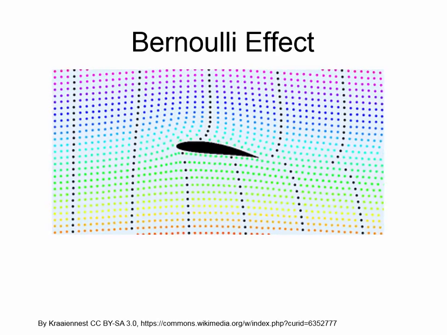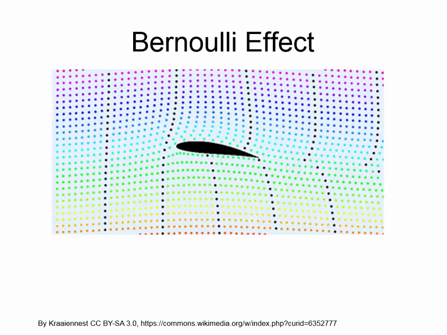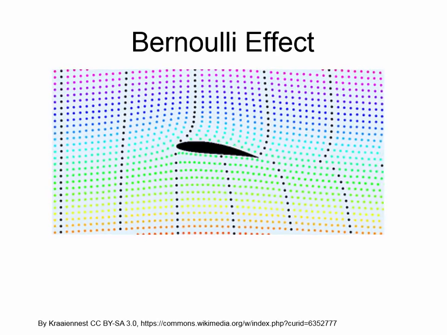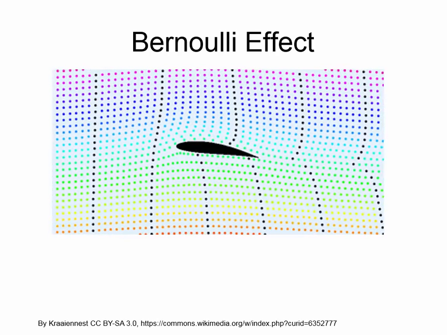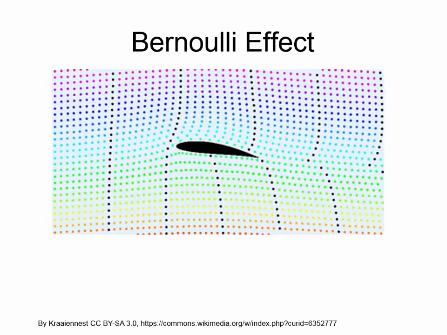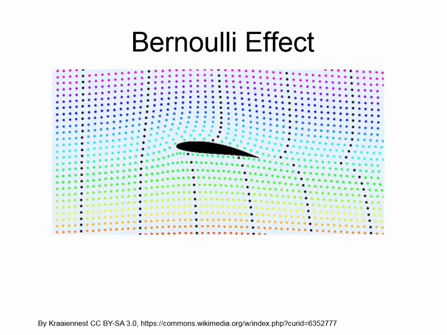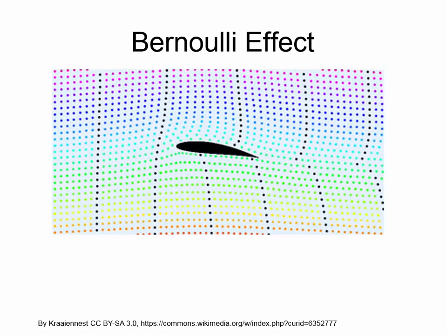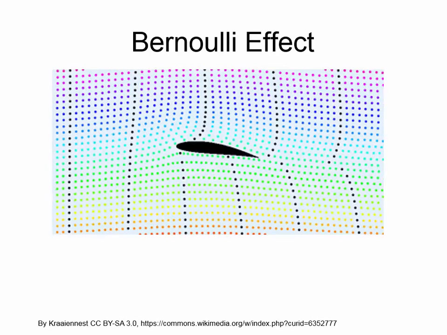Let's look at this animation that explains one aspect of Bernoulli's equation. We know from Bernoulli's equation that in order to maintain a continuity of energy, when a fluid has an increase in velocity, there's a corresponding decrease in pressure.